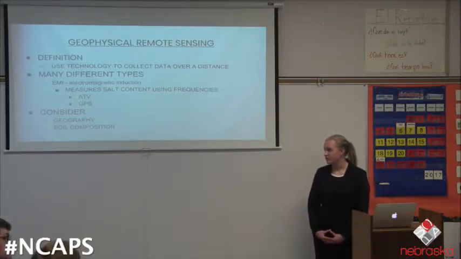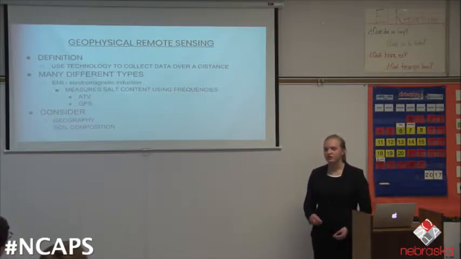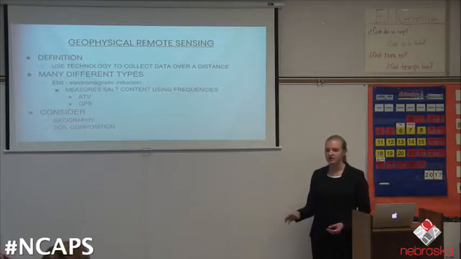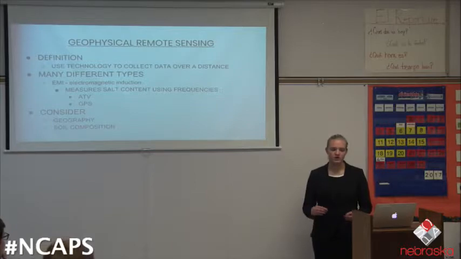Geography is very important because the reason that you're measuring the salt content in the ground is because water carries salt, and if the contaminant that you're looking at is also carried by water, it's going to be collected where the salt is. And so say the area that you're looking at is in a valley. Well, because of the geography, the highest concentration is going to be at the bottom.